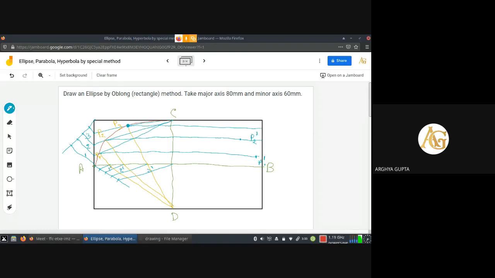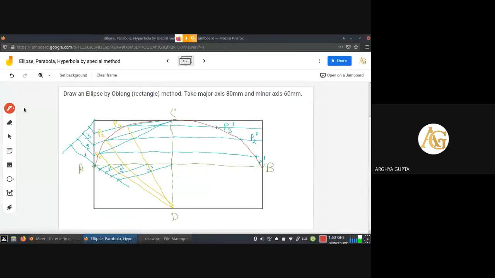Again, the distance of P3 will have to be taken from the CD line, and a point is to be marked. So P3 dash. Now between C and B, we have found 3 points. If we join these 3 points by hand or with the help of a French curve, then the half portion of the ellipse has been found.